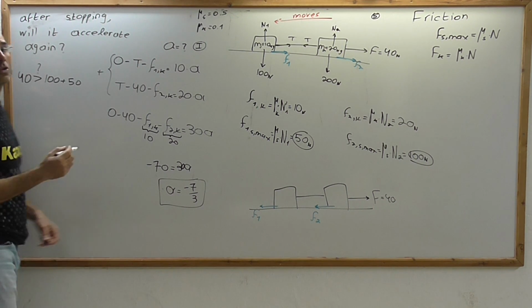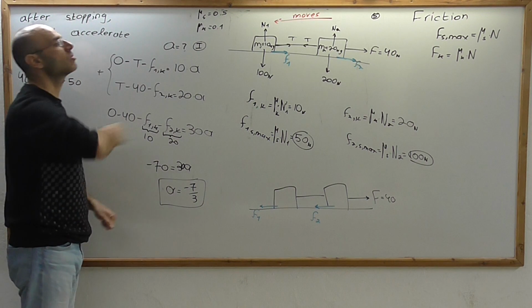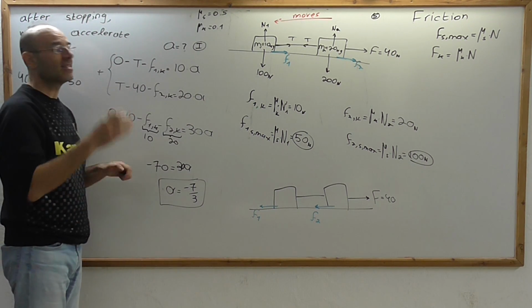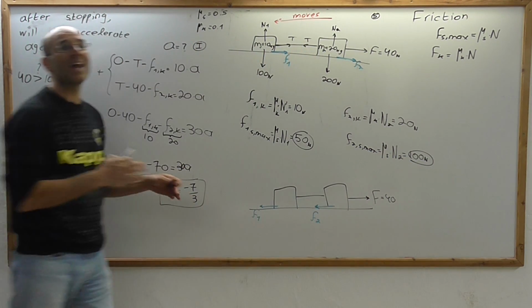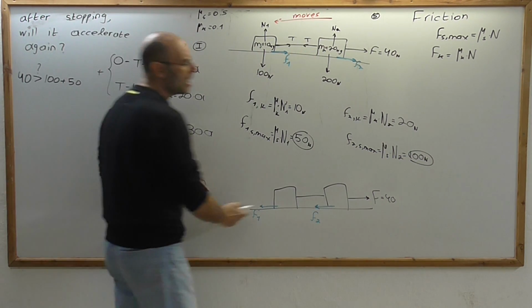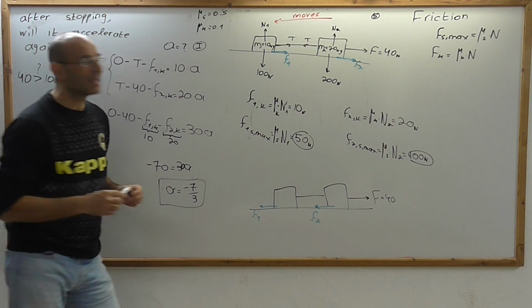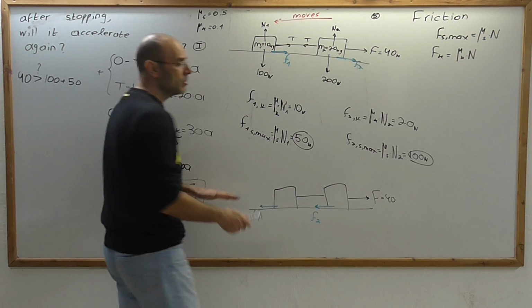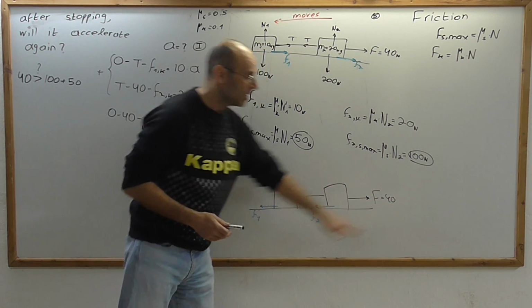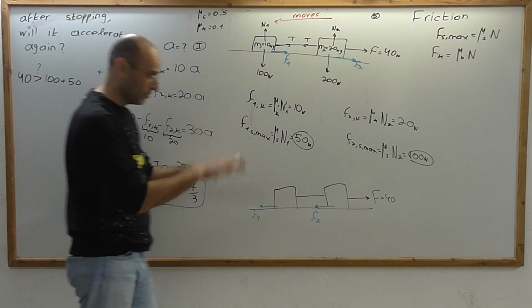Obviously not. So what will happen? The system won't start moving again, and the friction will obviously not be 50 and 100, they will adjust. It doesn't matter how, they won't ask you this question, but they will adjust accordingly. So the sum of them will be 40, and the system will stay resting.